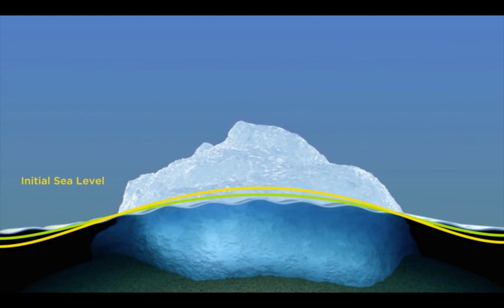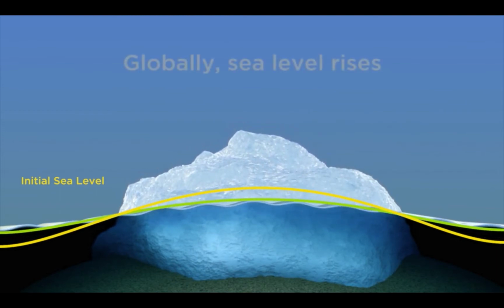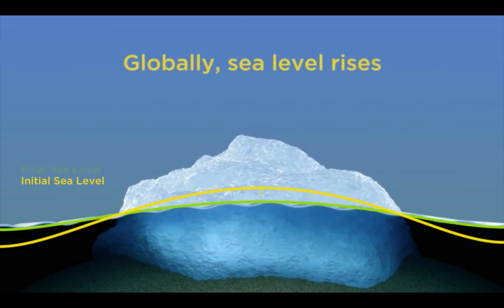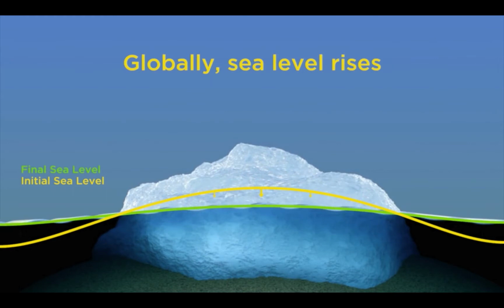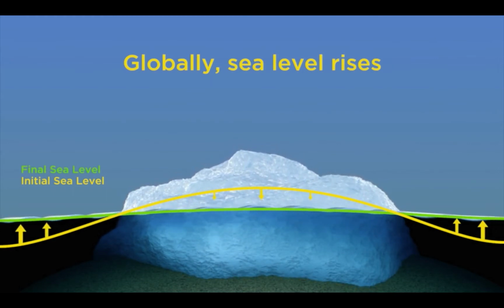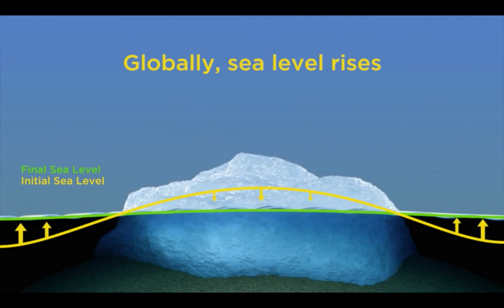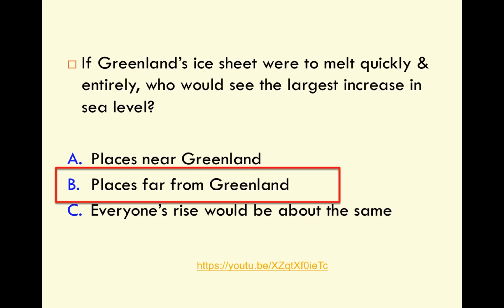Globally, the meltwater would raise sea level by an average of about 22 feet. But relatively nearby, in places like Scotland, Norway, and Newfoundland, the disappearance of the ice sheet's gravitational tug on ocean water would cause sea level to drop.